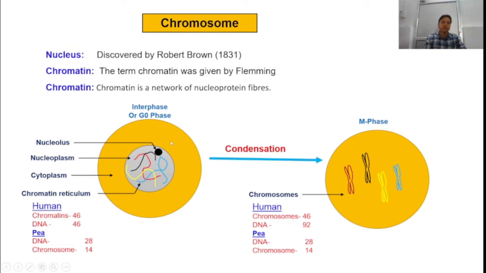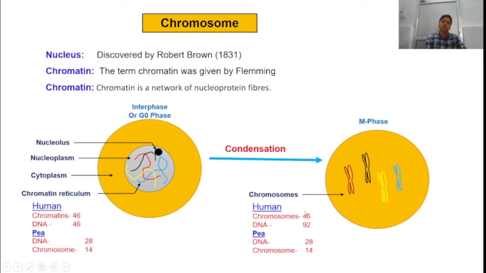If we talk about a human cell, it contains 46 chromatin fibers, and each chromatin fiber contains a single DNA. So if we observe the chromatin fibers in interphase, one can observe 46 chromatin fibers, but in cell division, one can observe chromosomes, not chromatin fibers.